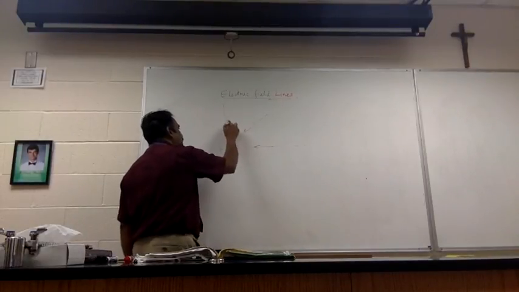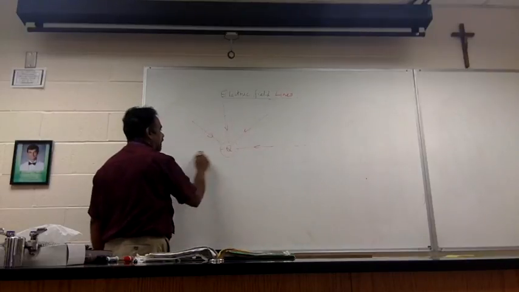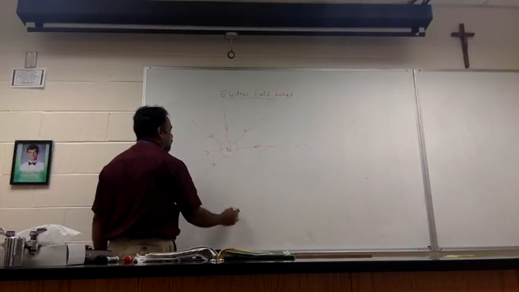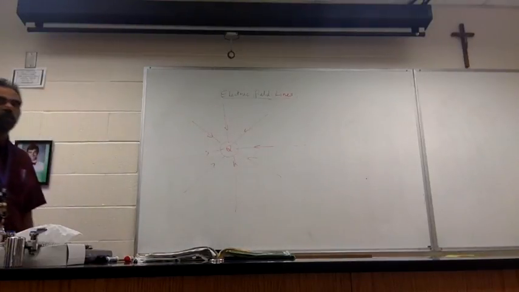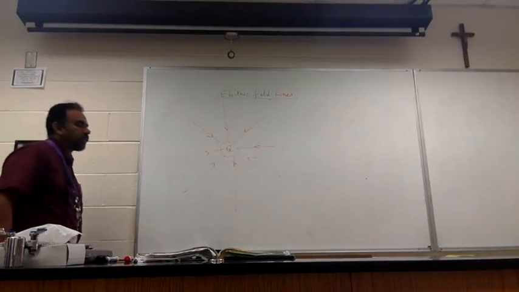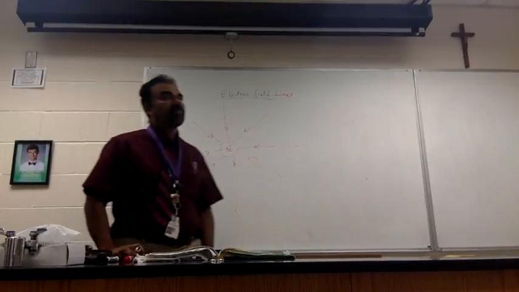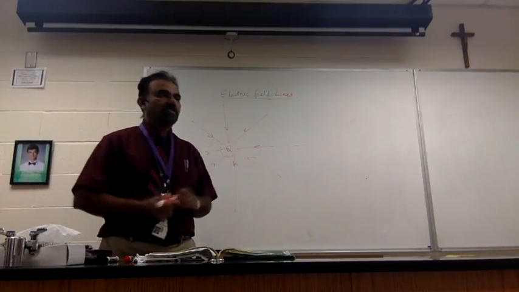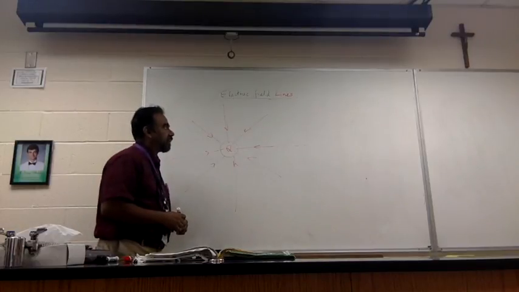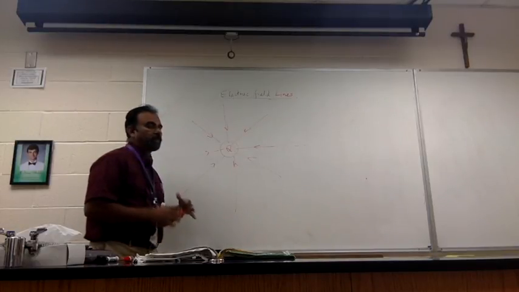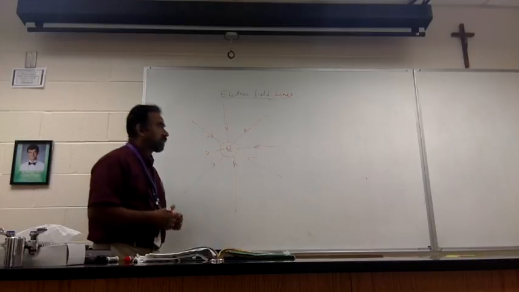So they're going to be inward facing lines if it's a negative charge. Whenever you draw field lines, they are supposed to have arrow marks. These are the electric field lines around a positive charge and around a negative charge.